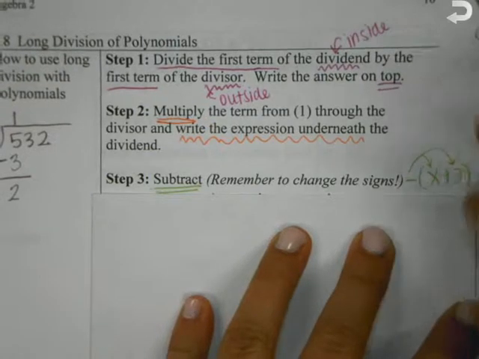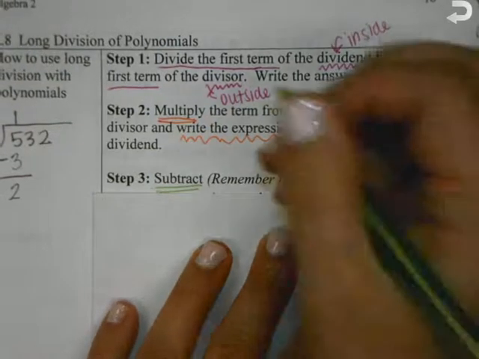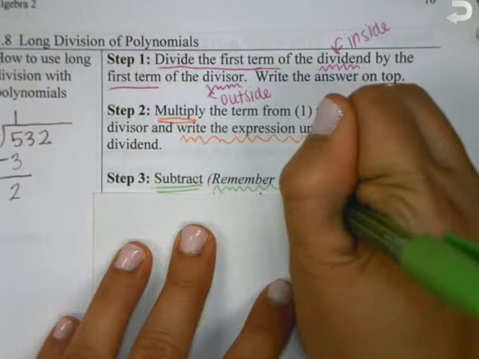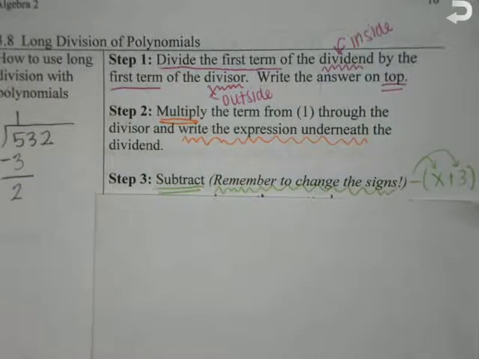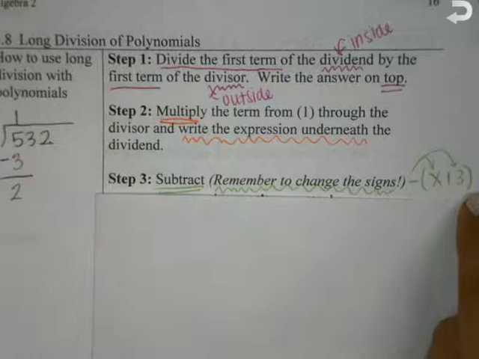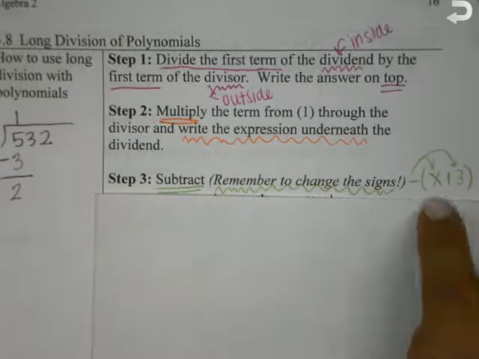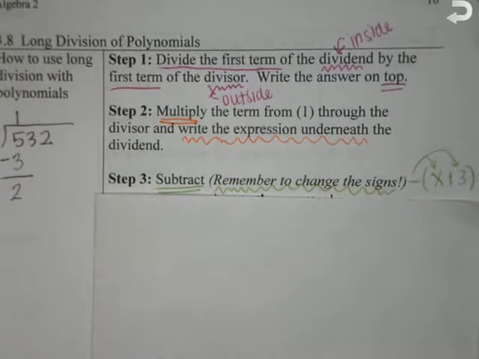So I just wrote that reminder, remember to change the signs. So we have to remember to change all of the signs, okay? So please make sure you write that down. That's probably the most important part of this entire process. Okay, so because we are going to be subtracting polynomials, all of the signs will actually change. So make sure that you change the signs of whatever it is we're subtracting. Okay?